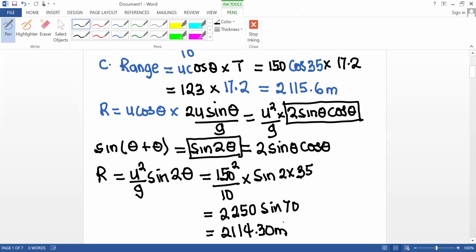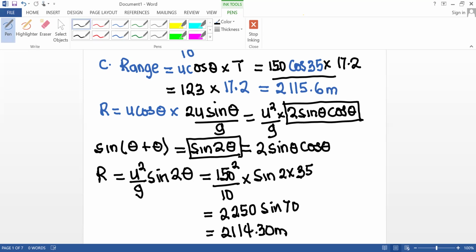So the value is the same. This is giving us 2,115 and this is 2,114. Not so exact, but we can round it to the nearest thousands. So the point is that whether you use the formula or not, you must get the same answer.